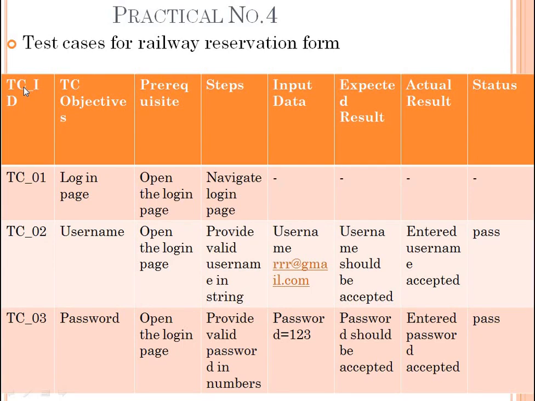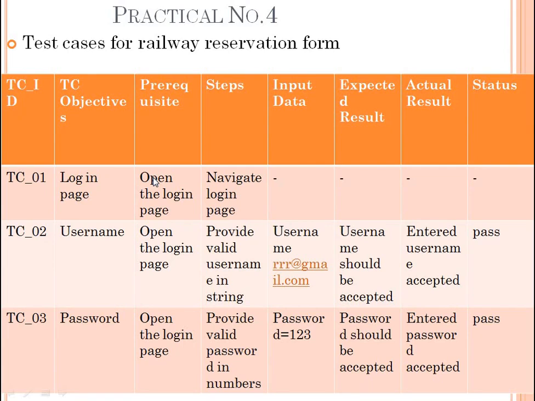These are the parameters of the test cases: first of all, test case ID, test case objective, then prerequisites, steps, input data, expected result, actual result, and the status. So the first test case is the login page.